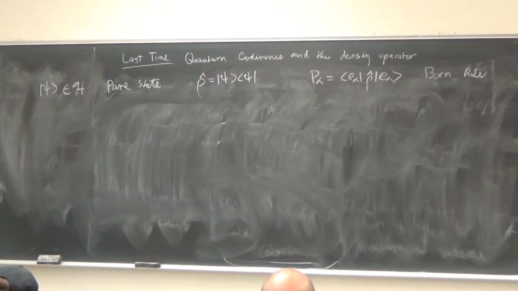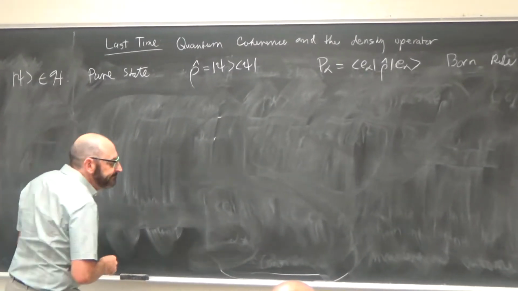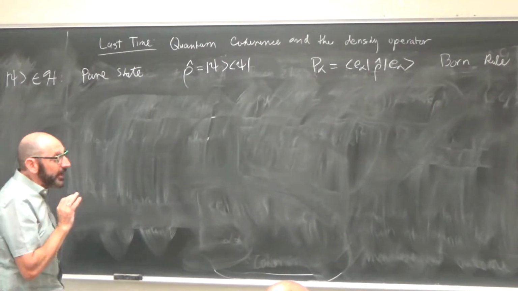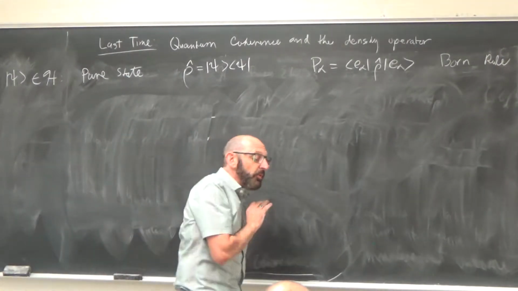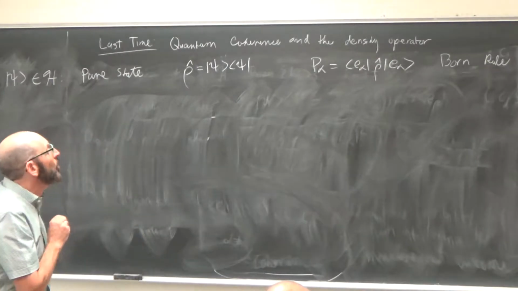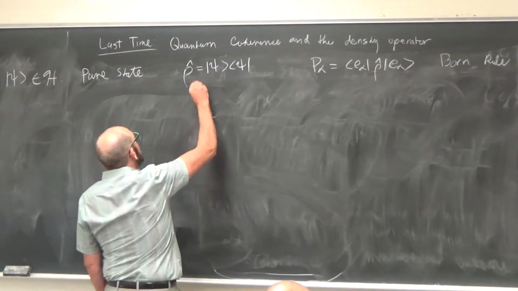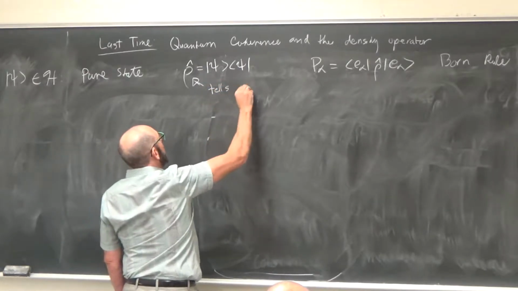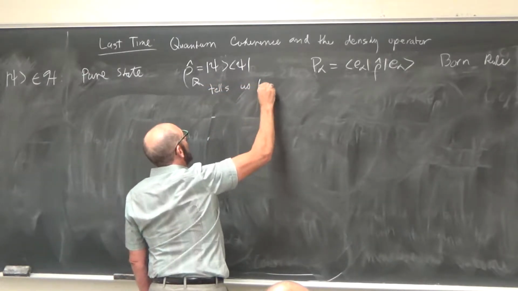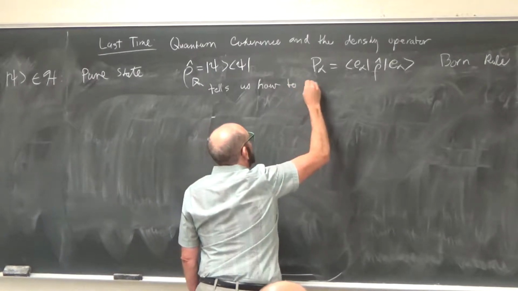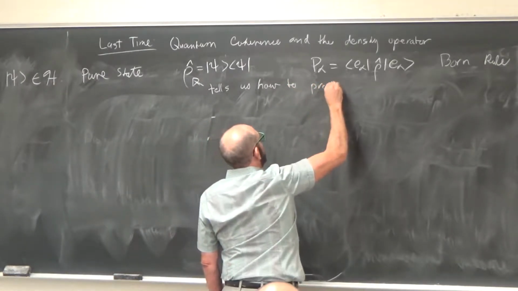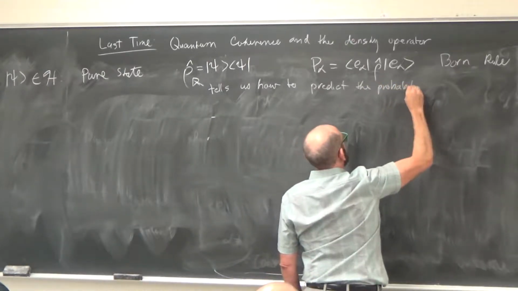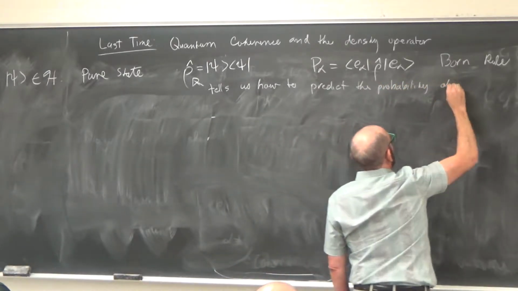Now, what other states do we have? Well, before I say that, I wanted to emphasize one important point here, which is that the state tells us how to predict the probability of measuring an outcome.